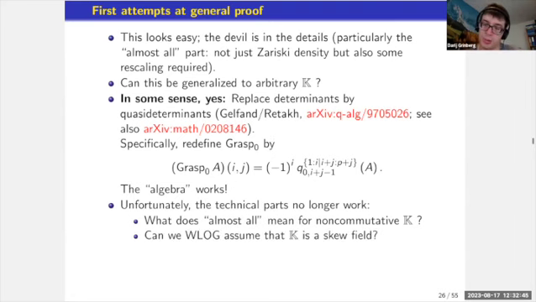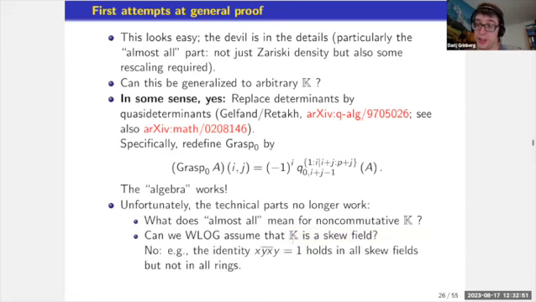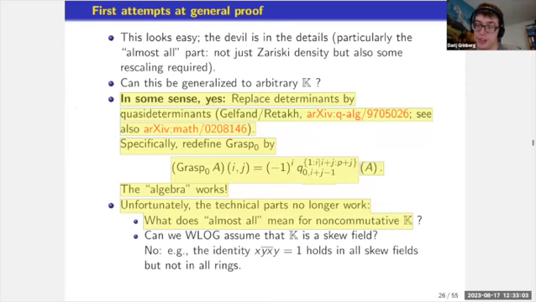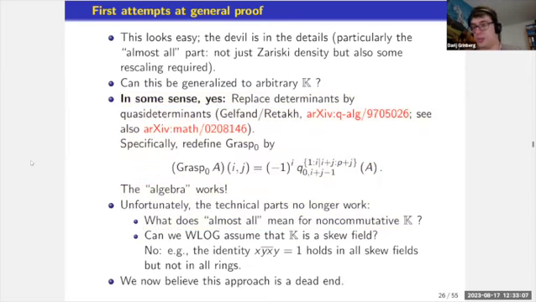It's also not true that if you prove something for a skew field, you also know that it automatically holds for rings. A simple example is x times (y x inverse) times y equals 1 for any skew field, but not for any ring. So this approach, even if it worked for skew fields, would not generalize to rings. Well, at this point, I have no hope in this approach anymore. I think it's a dead end. Maybe somebody can make it work.